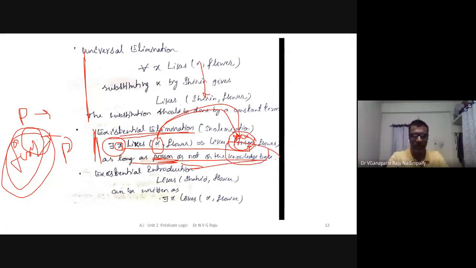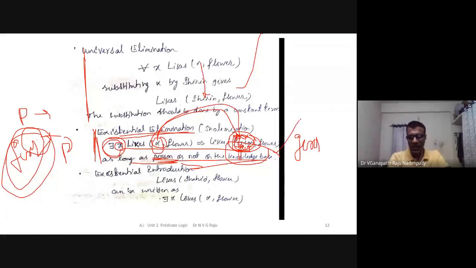Existential elimination means if I want to eliminate the there exists symbol, I have to replace that variable x with a knowledge which is not available in the knowledge base. So I am replacing with, now person I cannot call a constant, I already used it here. Now please remember that I am using a function g of x. Wherever x is there, I am going to replace it with g of x. Okay, for time being. I will tell you much more rules about skolemization in the next coming sessions.